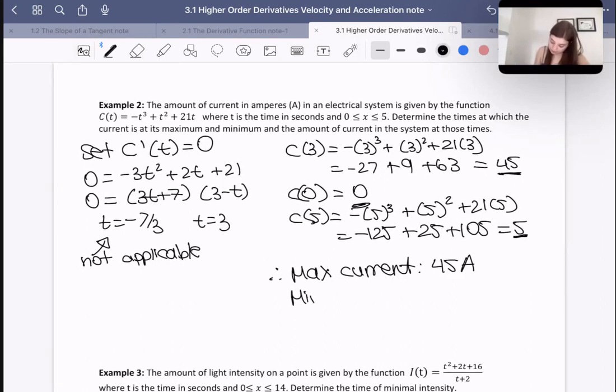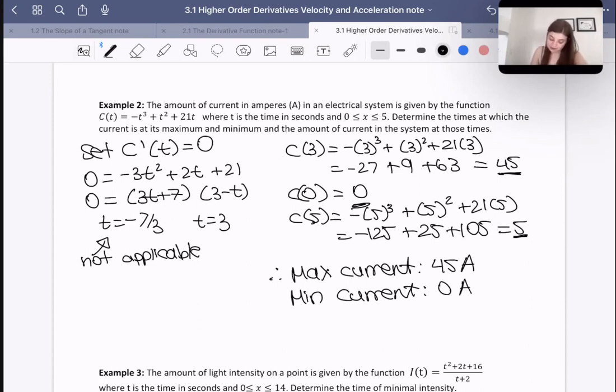Now what about the minimum current? Well, the true minimum current, according to the function, would have occurred here. This would have been our extreme value. However, we couldn't get that far because it's not in the interval. So therefore, our minimum would have been 0.